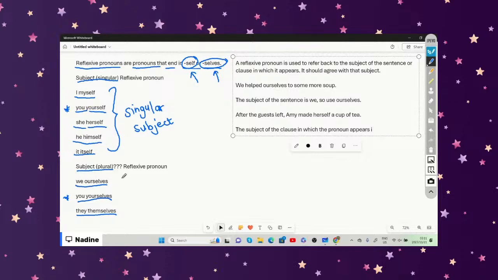And as you can see, these are all plural subjects referring to two or more things. So that is plural.